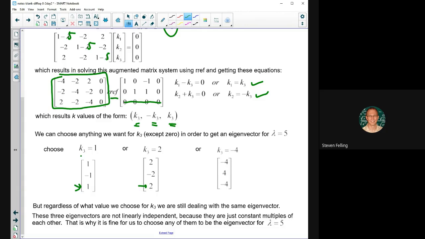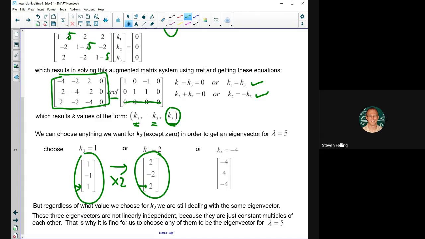If I choose this one, it is not linearly independent because it's just this multiplied by 2. So I'm only going to get one linearly independent eigenvector from that eigenvalue, because both of these are dependent upon this k, okay? So we got one eigenvector. It doesn't matter which one we pick, but I can only pick one of those.